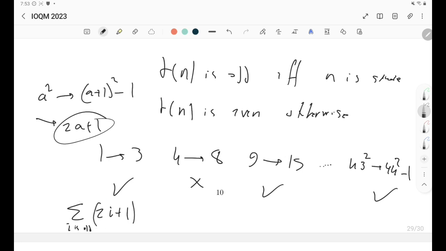Simply, you can brute force this: you can write i as 2j plus 1. So basically, this thing is just 4j plus 3, I think.